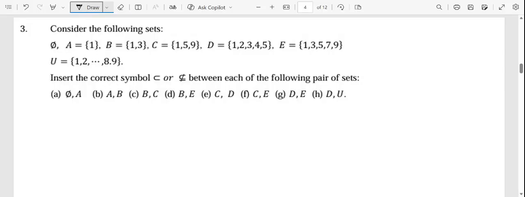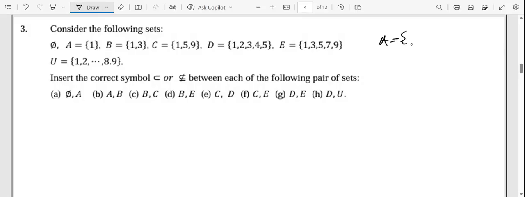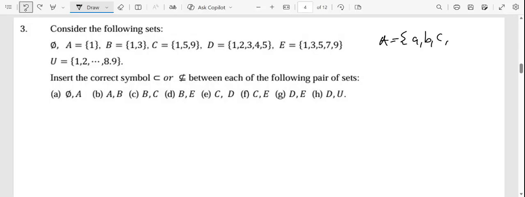Okay. So if you are asked to find the number of subsets, given that set A, let's say, has elements A, B, C, D. Or let me just put, okay, these are enough. Then I ask you how many subsets are there? Okay, again, I want you to understand the meaning of subsets.